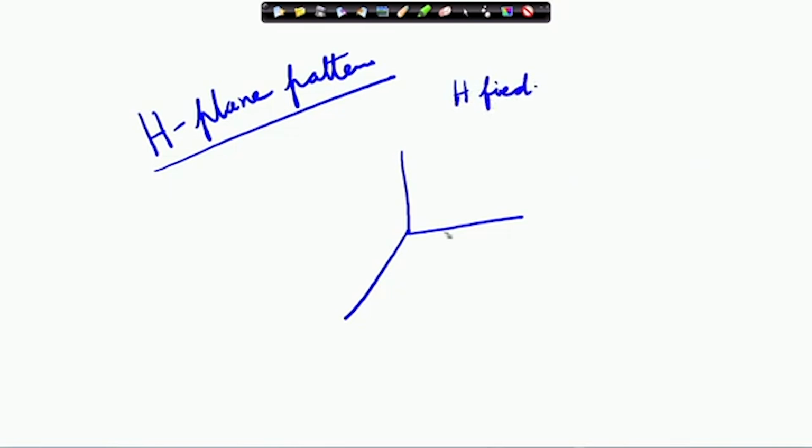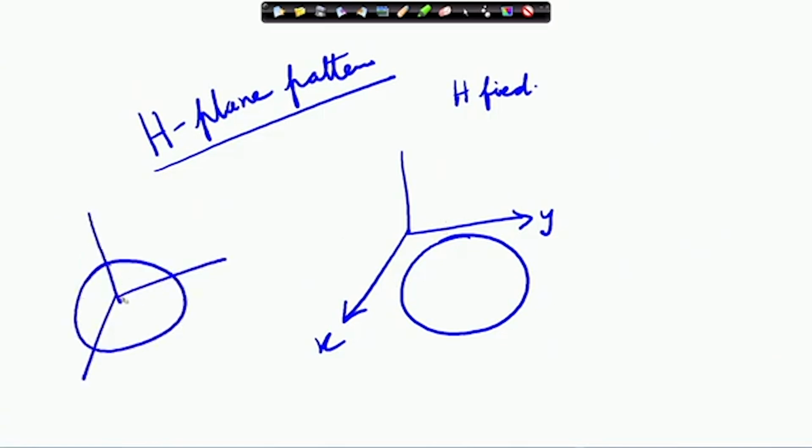The H field is the azimuthal field, and the direction of maximum radiation is y. In the x y plane, if we plot, we have seen that it will be a circle, centered like this, and everywhere it is the same. So, that is called H plane pattern.